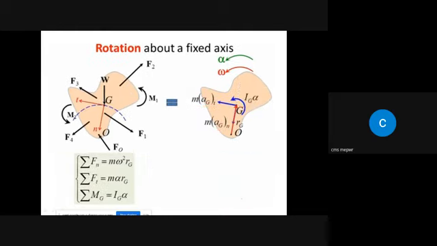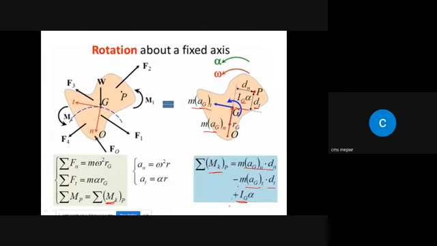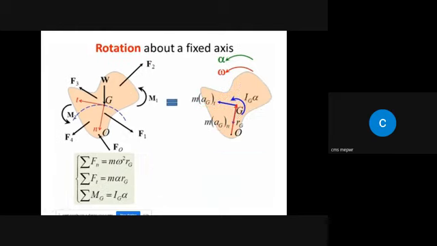If you want to find out or summarize moment about point G, in this case the moment due to MAGT and the moment due to MAGN will be 0, and the only moment will be due to the externally applied couple.